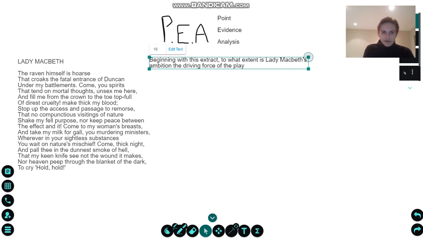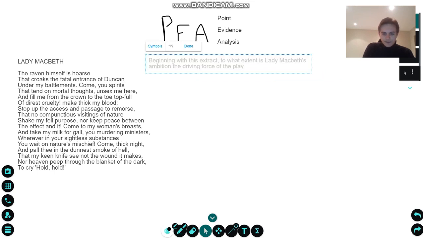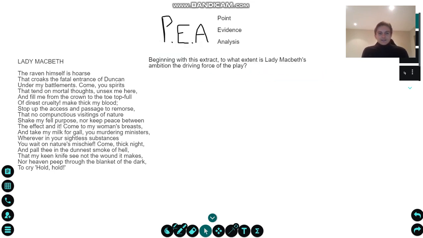Let's move this over here and add a question mark because that is already bothering me. Okay, so that is the prompt. Examiners love that line, to what extent. They use it all the time in English GCSE questions.